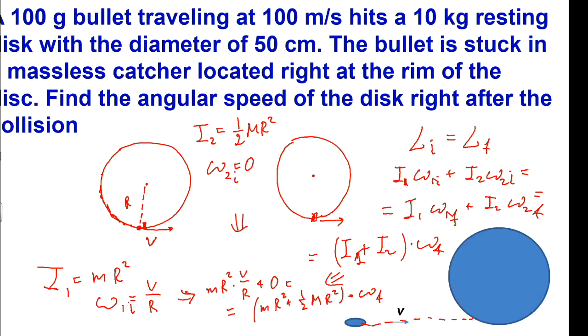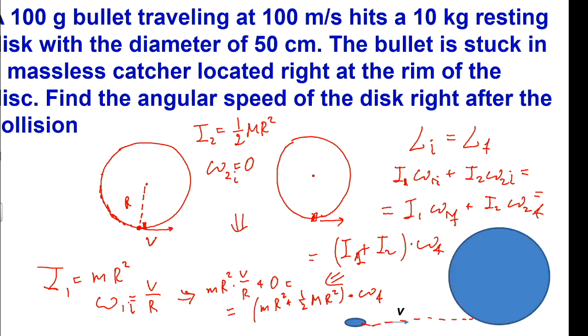for our convenience. Technically, of course, I could shift a catcher somewhere else, here for example, and the bullet would be flying like this. In that situation, for the disk, we still would have to use this equation, but for the bullet, here we would have to use a smaller, different distance.